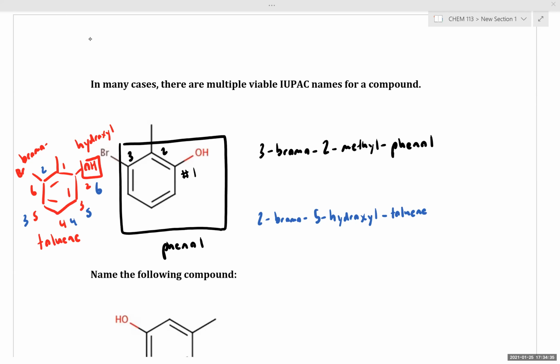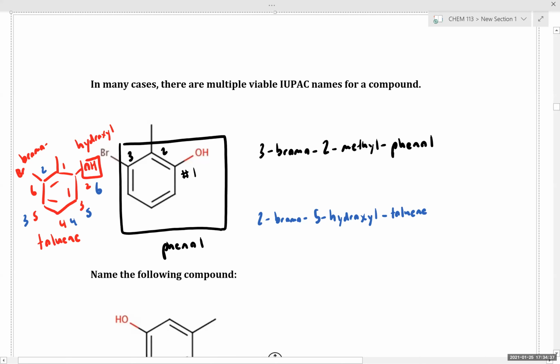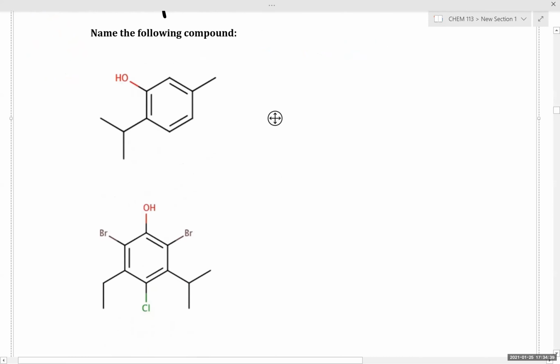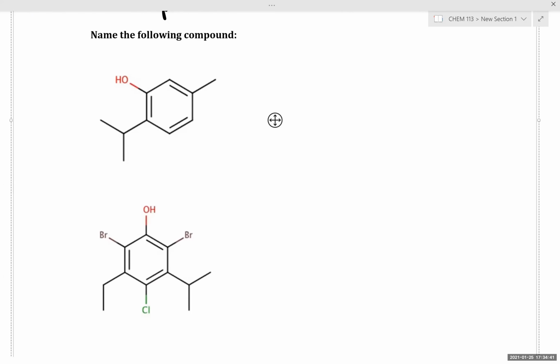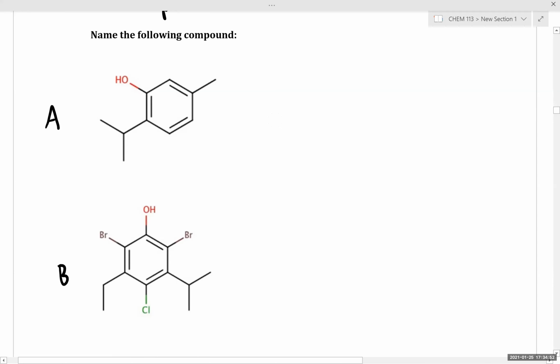Perfect. So let's keep going now, and let's try the following examples. Let's try to name the following compounds, and let's take about 3 to 4 minutes to work on these examples. And let's try to propose names for compounds A and B, following IUPAC rules.